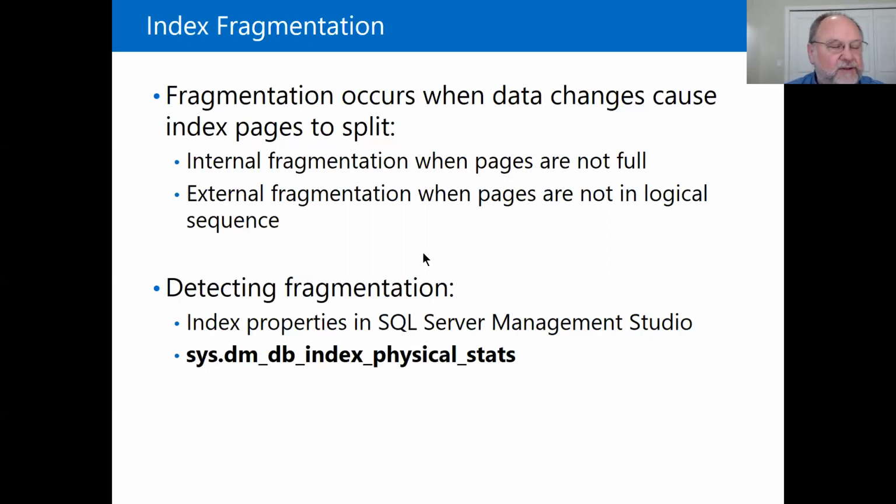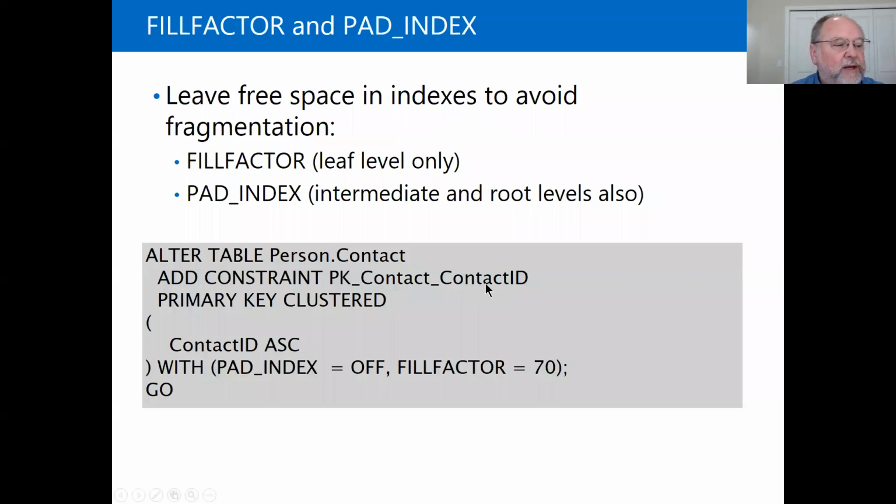Okay, so that was the external fragmentation and how you get rid of it. But how do I encourage internal fragmentation when I want it? When I create my index in the first place, or when I either rebuild or reorganize, I can establish what's called fill factor. And fill factor is the percent that each of the pages are full.